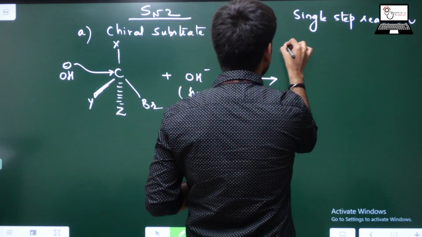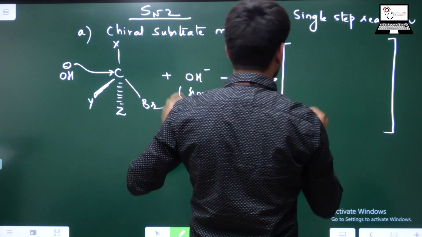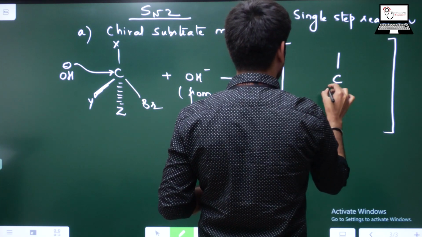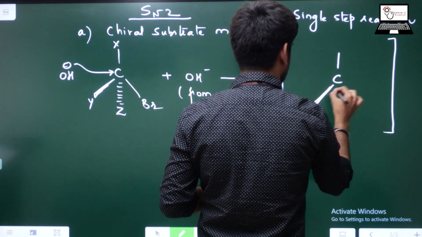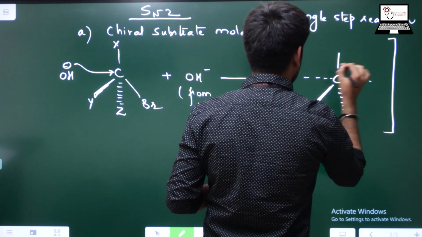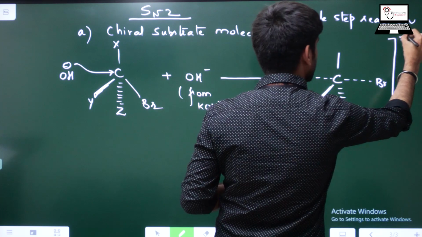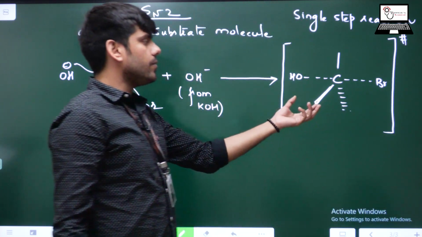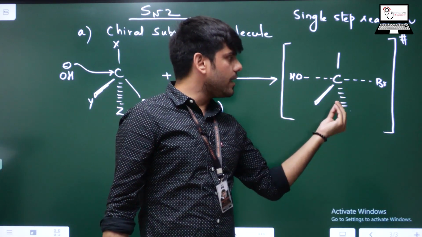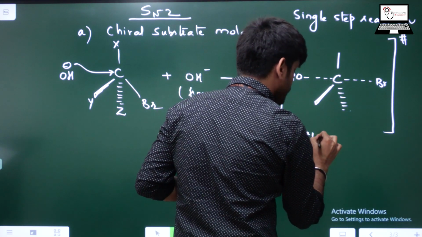This results in the formation of a transition state like this. The carbon is shown with 5 bonds, so this is the transition state, which is unstable.